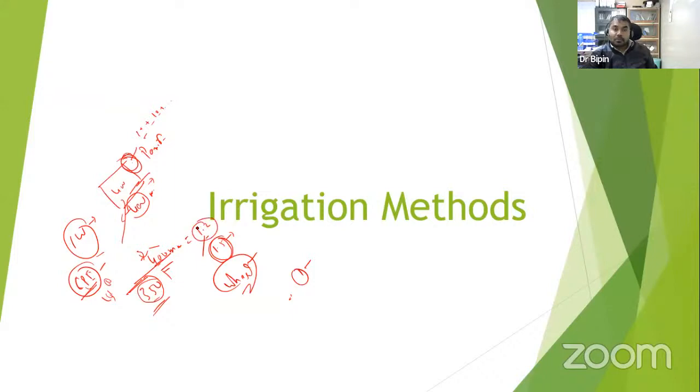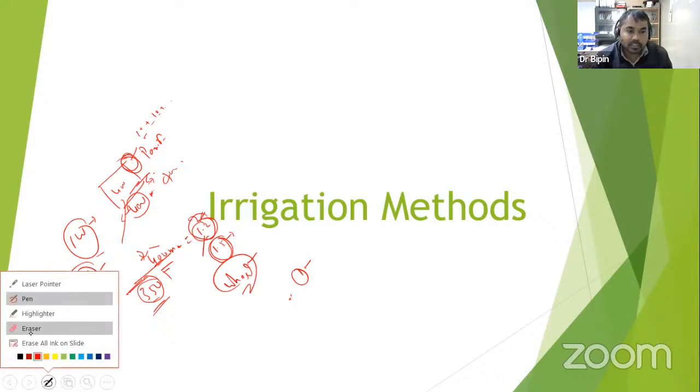Suppose it is already recommended that 1.2 is the ideal ratio for this crop. Then when you get this ratio, it is time to apply again the same amount of water in the field. Hope that is clear.